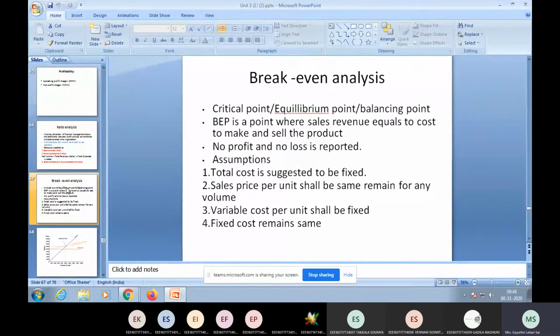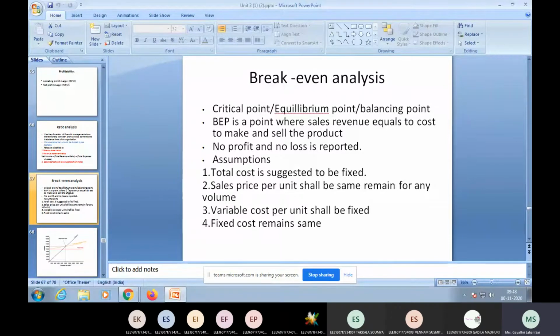An entrepreneur always tries to reach this point. He will be struggling, and once he's at that point, that's the stage where he is gaining the profit. After he reaches that point, he will ultimately be getting the profit, but below this point, that is loss. So I can tell that break even point is a balancing point, or you can simply call it an equilibrium point, where you get no loss and no profit.